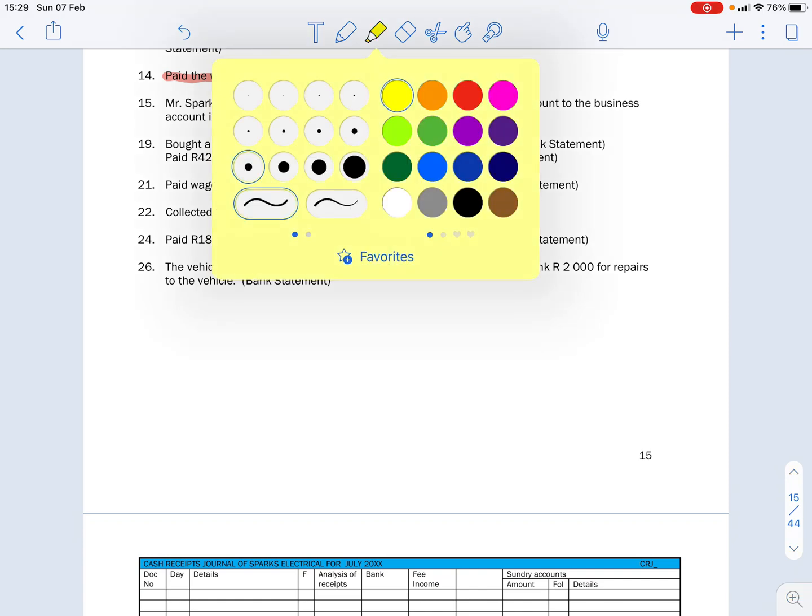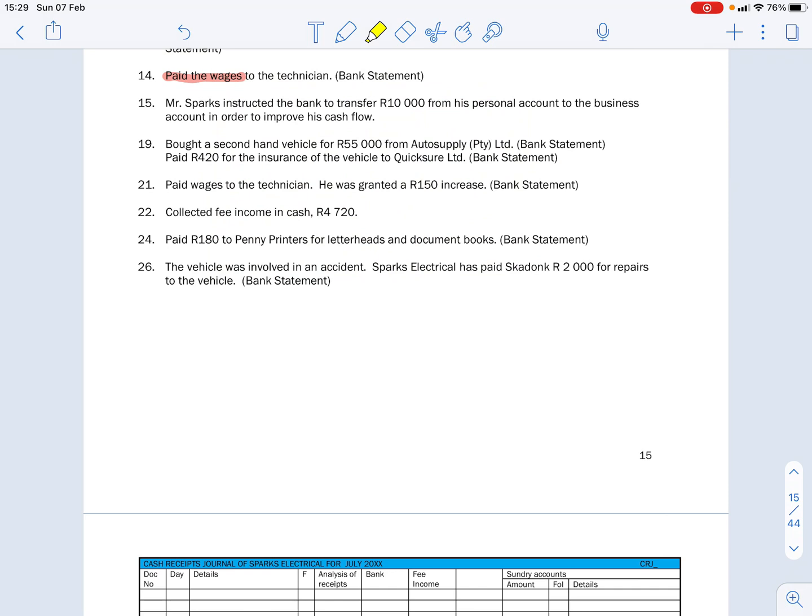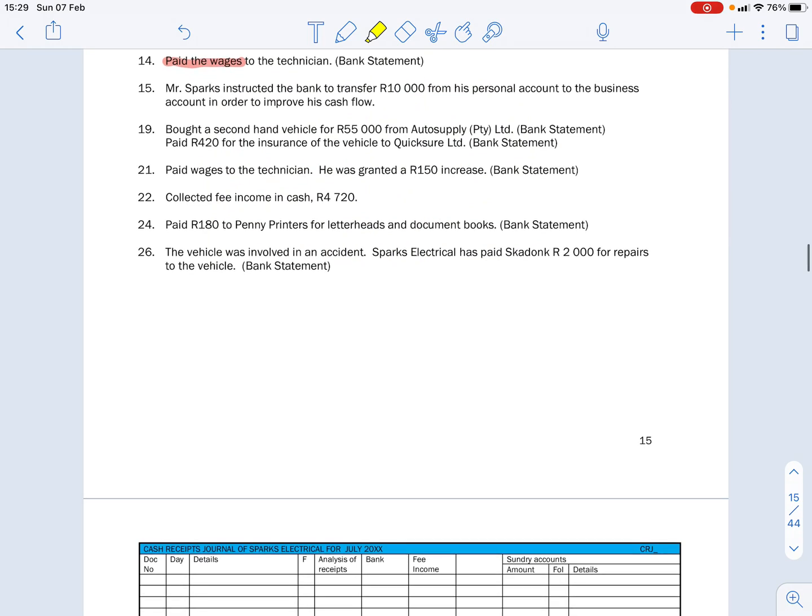On the 15th, Mr. Sparks instructed to transfer 10,000 Rand from his personal account to the business's account. This is then the business receiving money, so it would be CRJ, and this would be the owner contributing to the business, so it would be capital.